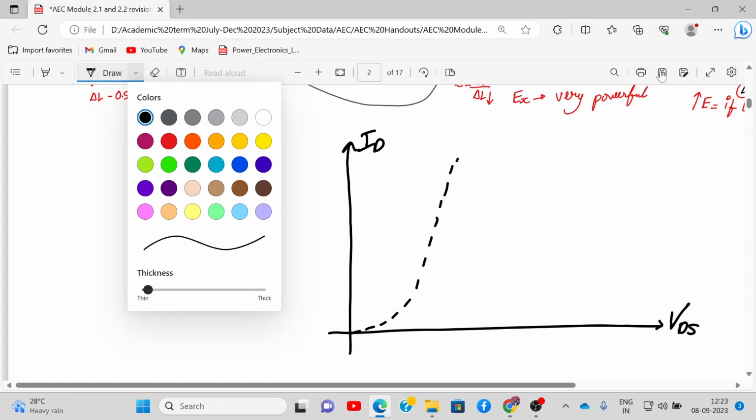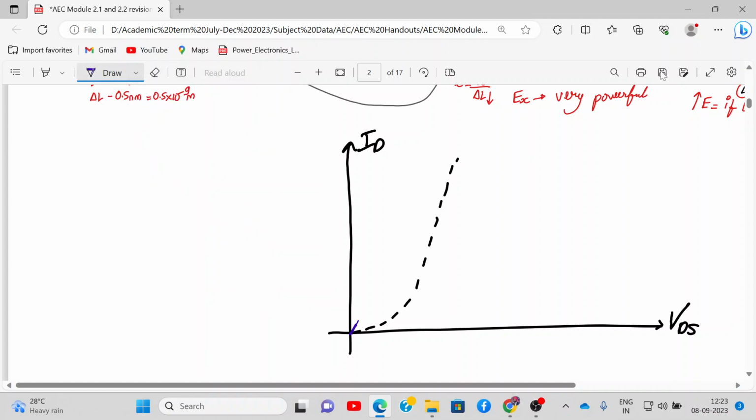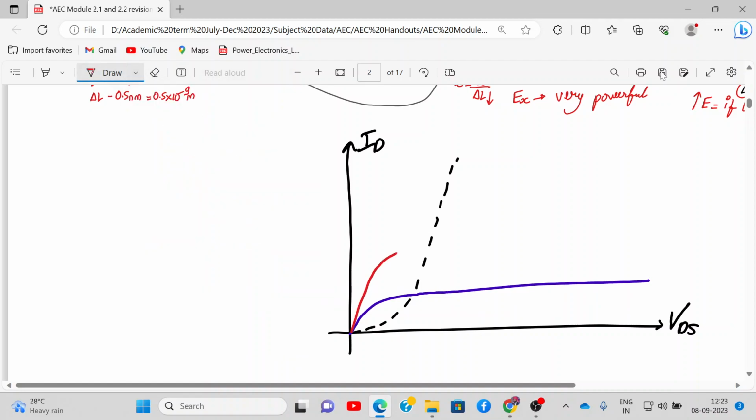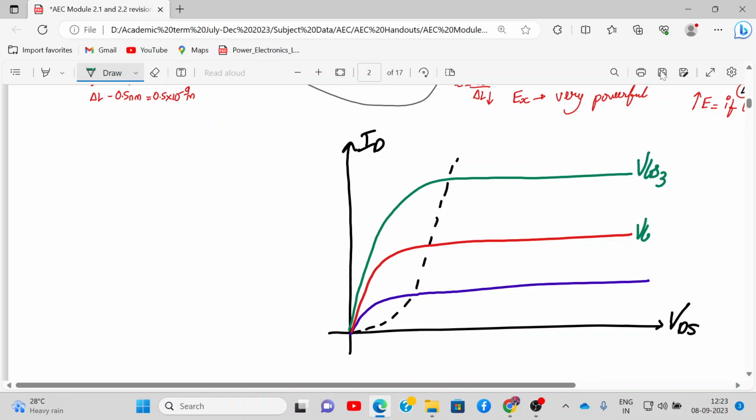Okay, now I will draw the characteristics. So this is number 1, then we have number 2, then we have number 3. Okay, so this is VGS3, this is VGS1, this is VGS2. All are greater than one another.